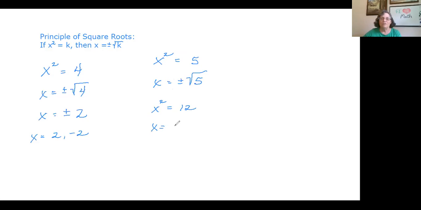Well, then x equals plus or minus the square root of 12, which would be plus or minus the square root of 4 times 3, plus or minus the square root of 4 times the square root of 3, would be plus or minus 2 times the square root of 3. And this would not have factored.